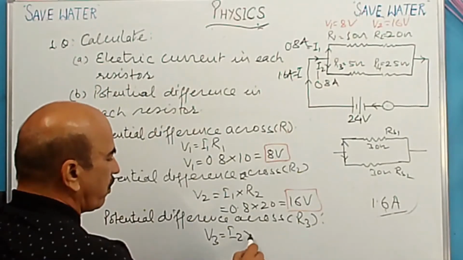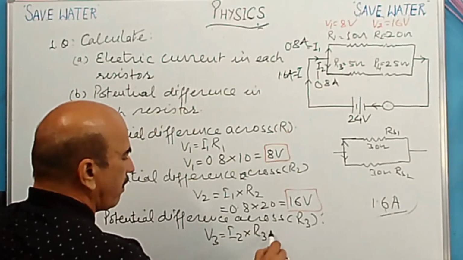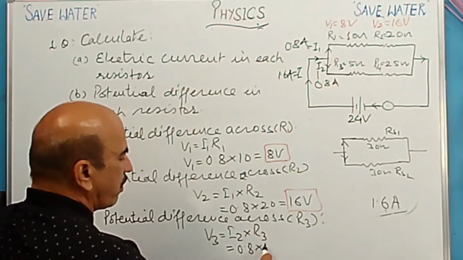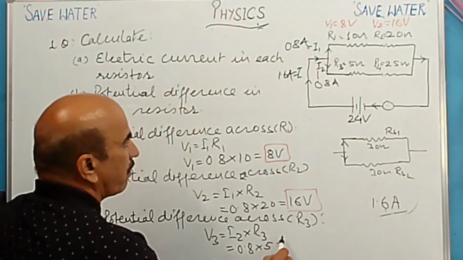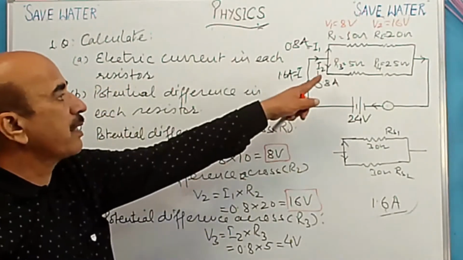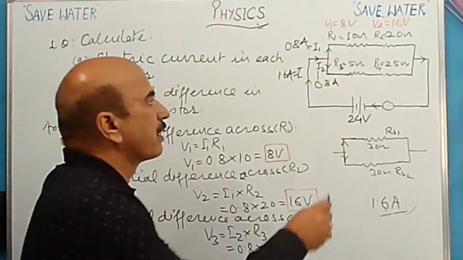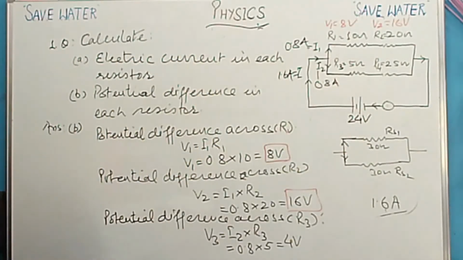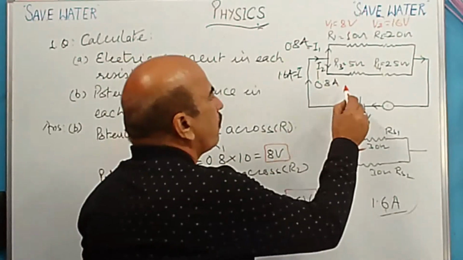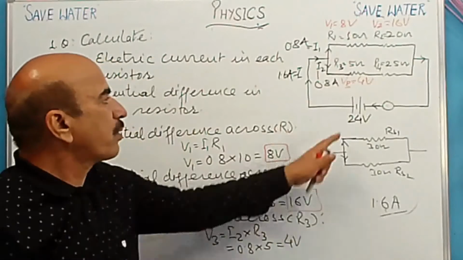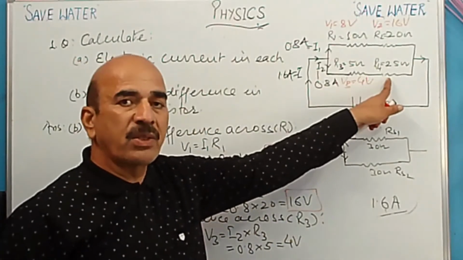So this is I2 into R3, equal to 0.8 into 5, and it comes out to be 4 volt. So the potential difference across R3 is 4 volt, V3 is 4 volt.